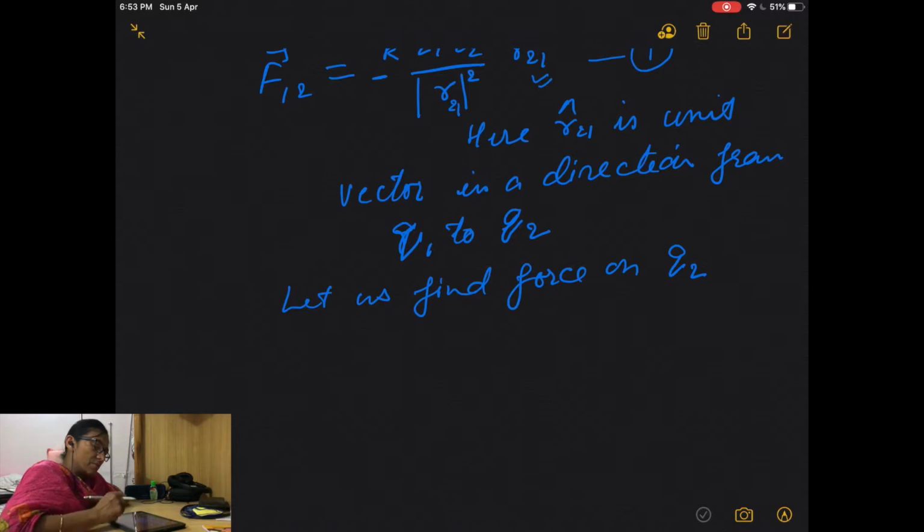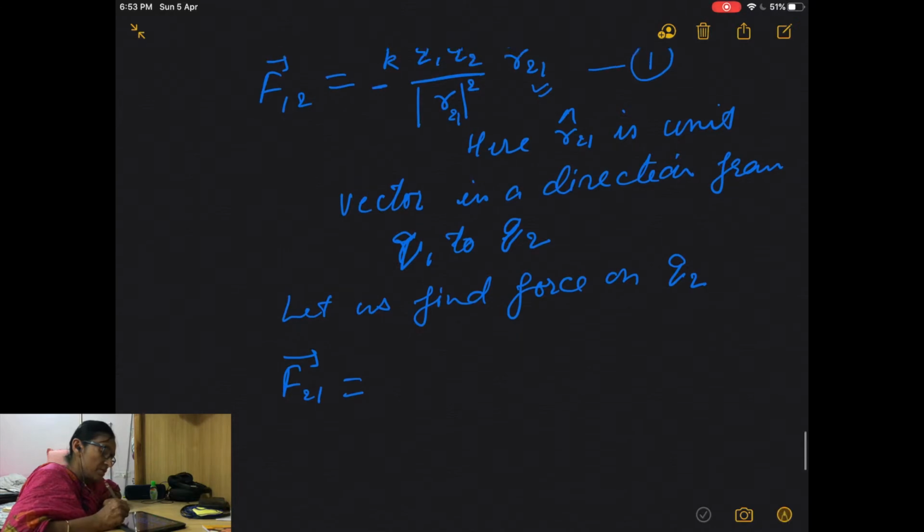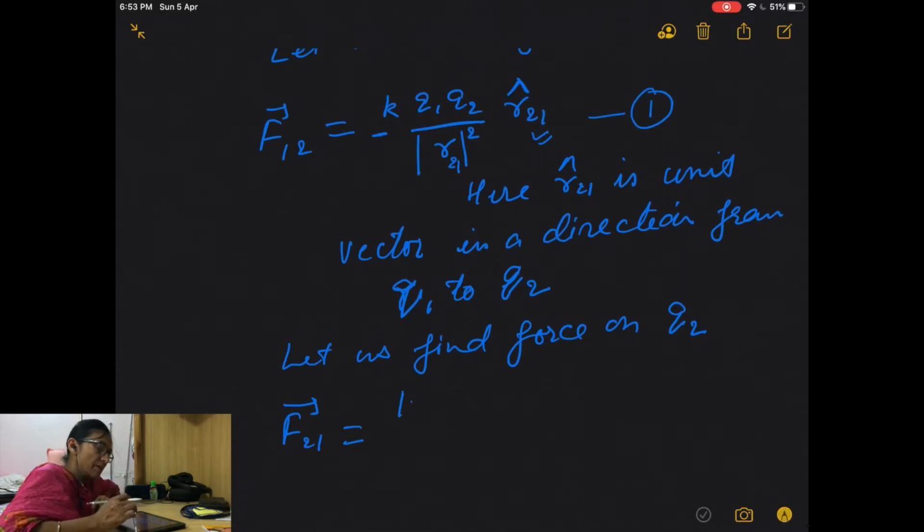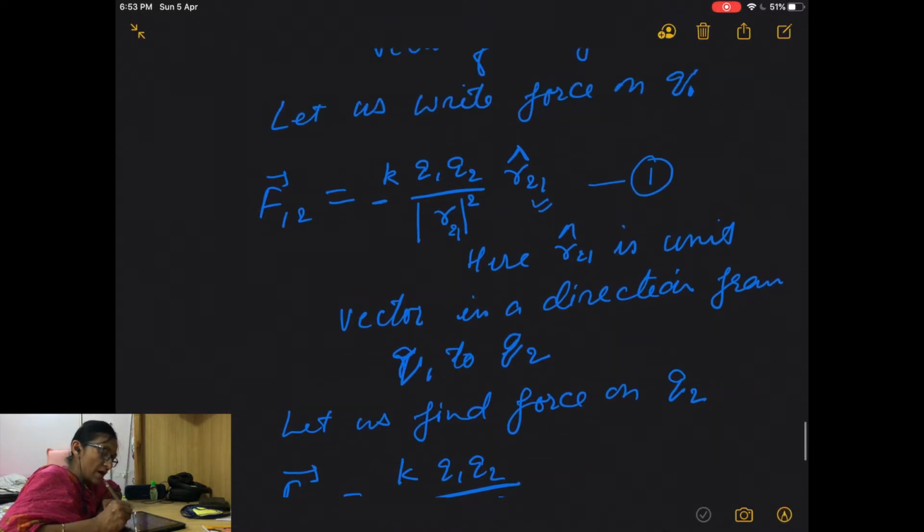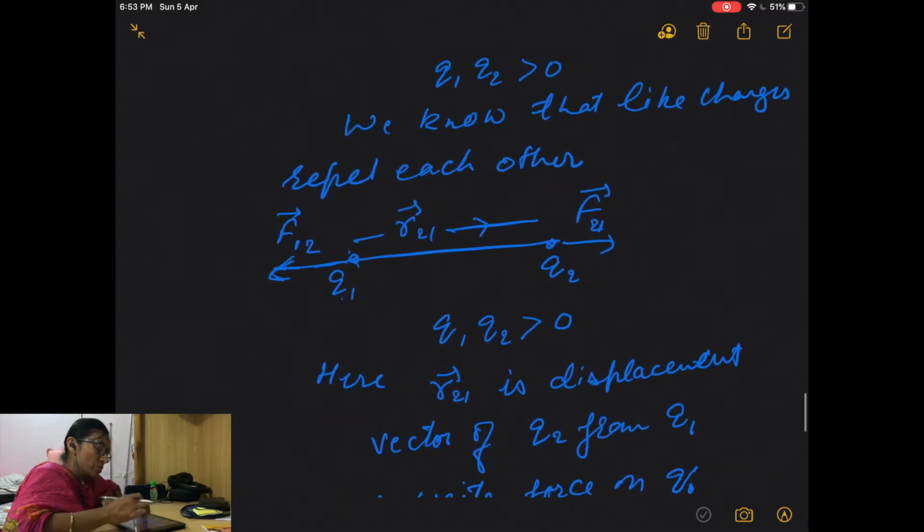Let us take this as equation 1. Now let us come to this case. Let us find the force on Q2, and this I have written as F21. This force is equal to, firstly we will write the magnitude: k Q1 Q2 by magnitude of R21 squared, into the direction.